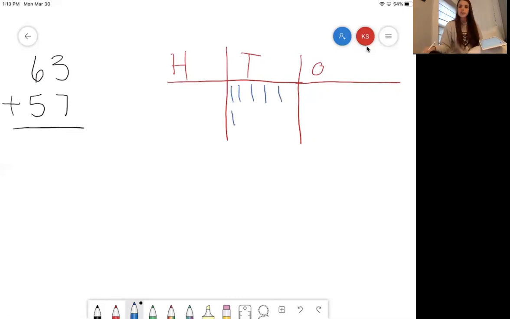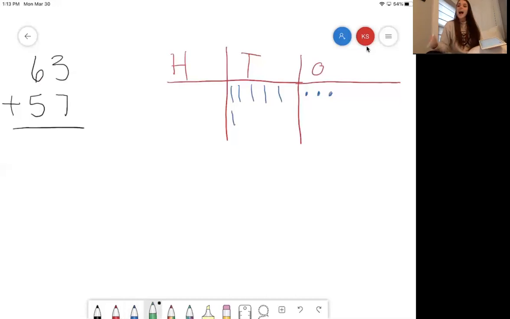Then I'm going to ask myself, how many ones do I have in 63? Right, I have 3 ones in the number 63. So I'm going to draw 3 ones, or 3 marshmallows, in my ones column. 1, 2, 3. 6 tens and 3 ones represent 63.